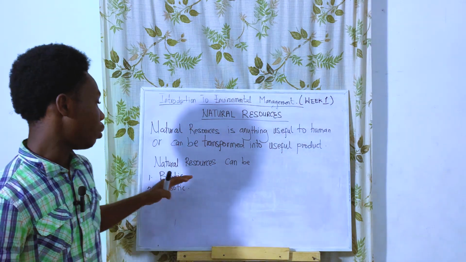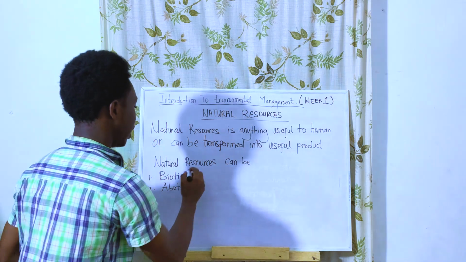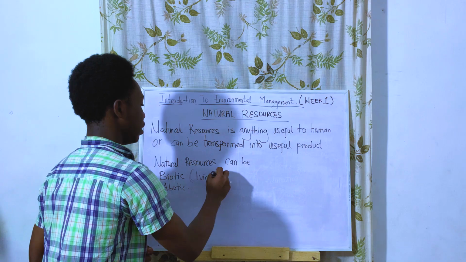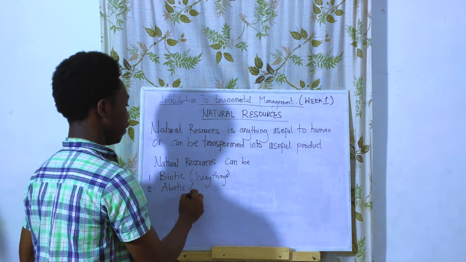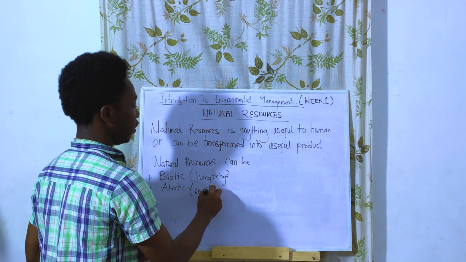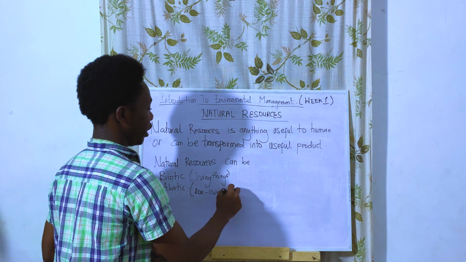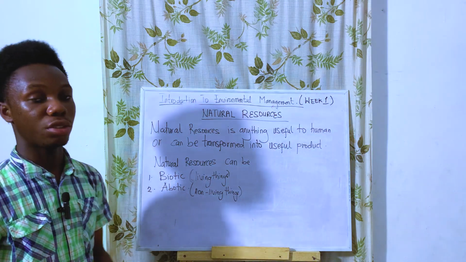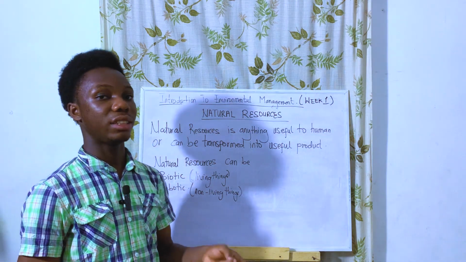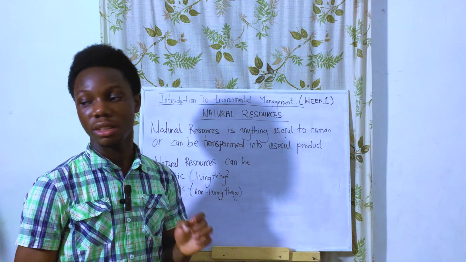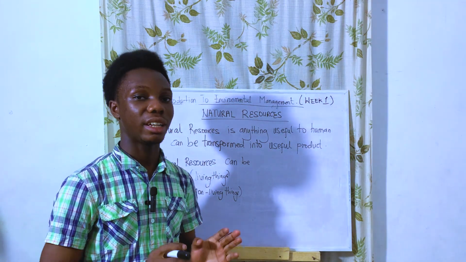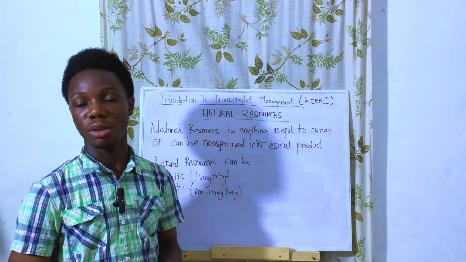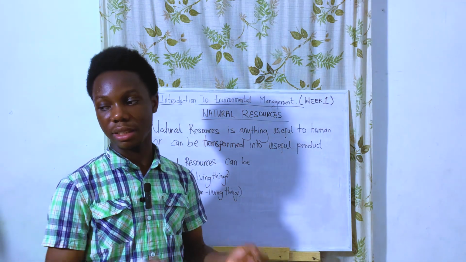So biotic means living things, and abiotic means non-living things. Always put this in your mind. Examples of biotic resources are food, fruits, milk, etc.